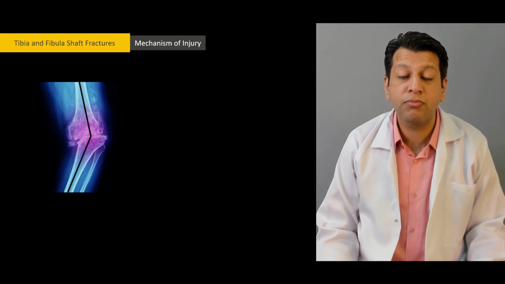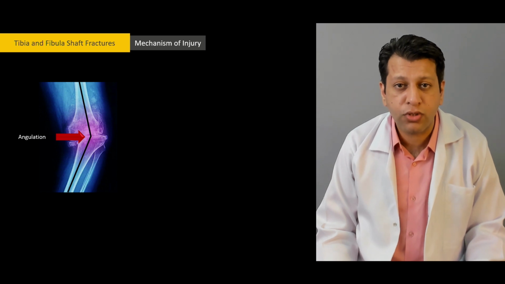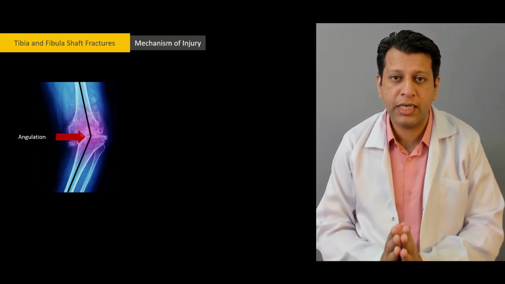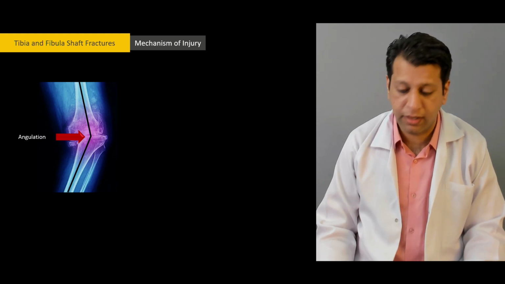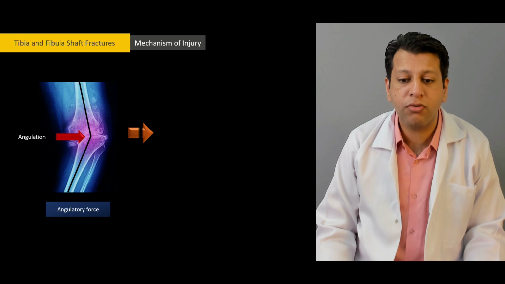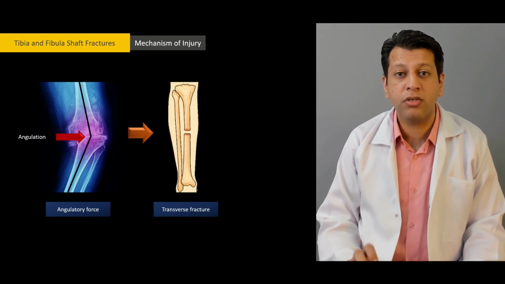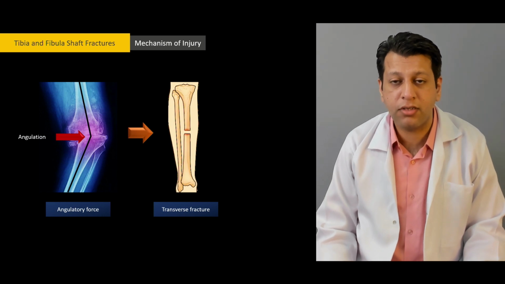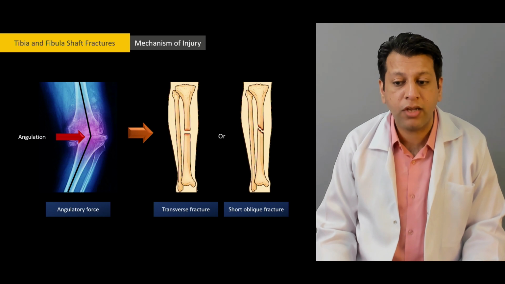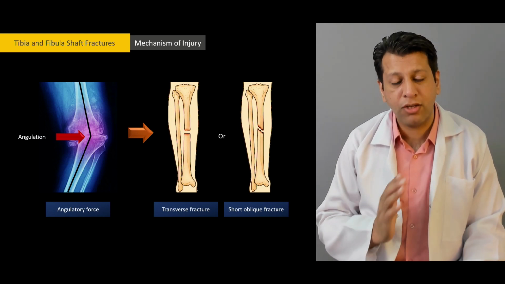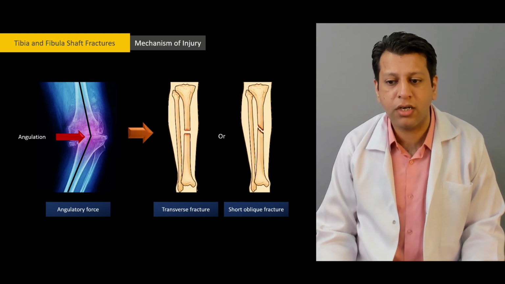The other option is that the mechanism could be an angulated force. For example, the leg was straight, the foot was planted on the ground, and the force was occurring from one side. This may lead to two types of injury. There could be a transverse fracture, in which the bone breaks once the load exceeds its tensile strength, or it could be a short oblique fracture, in which there was angulation as well as some degree of rotational force.